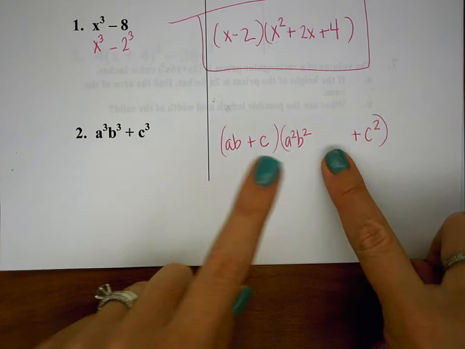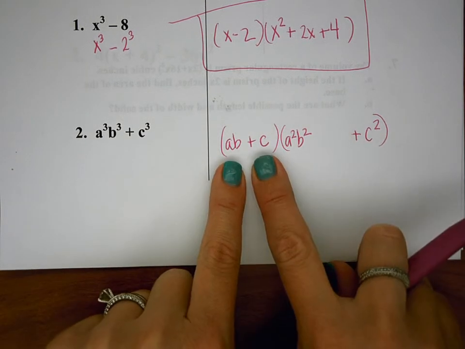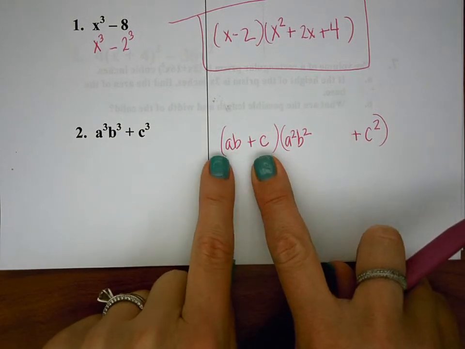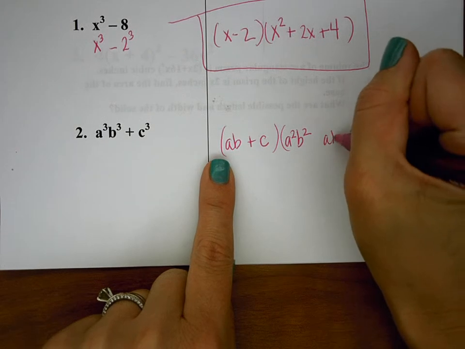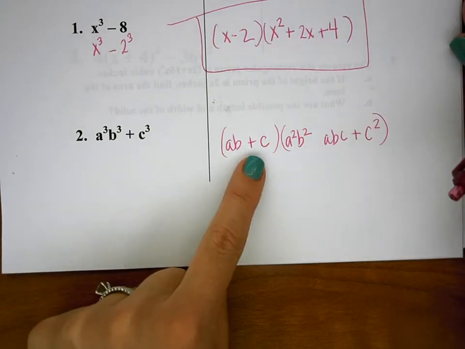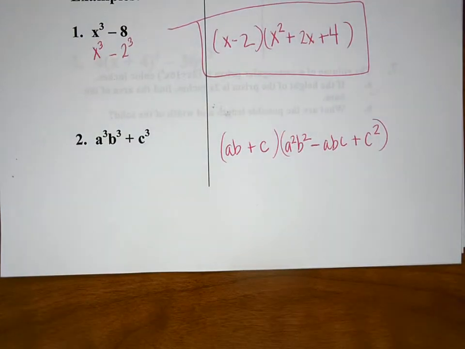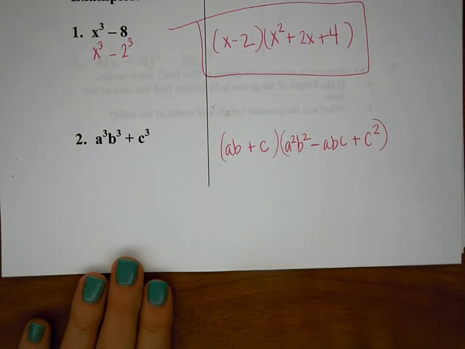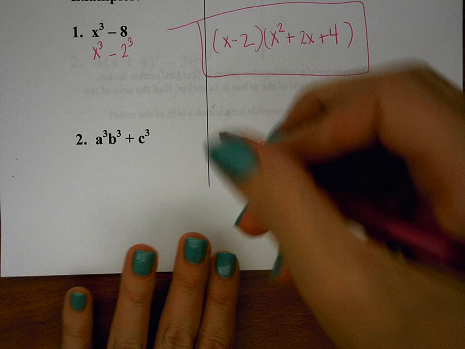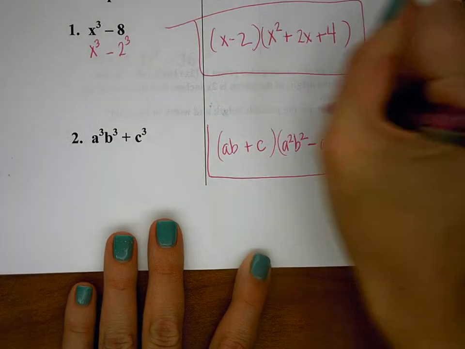Your middle term is these multiplied together. So when you multiply AB times C, you get ABC. And since this is positive, this is going to be a negative. How many negatives should there be in my factored form? 1. 1 is correct, and that is my answer.